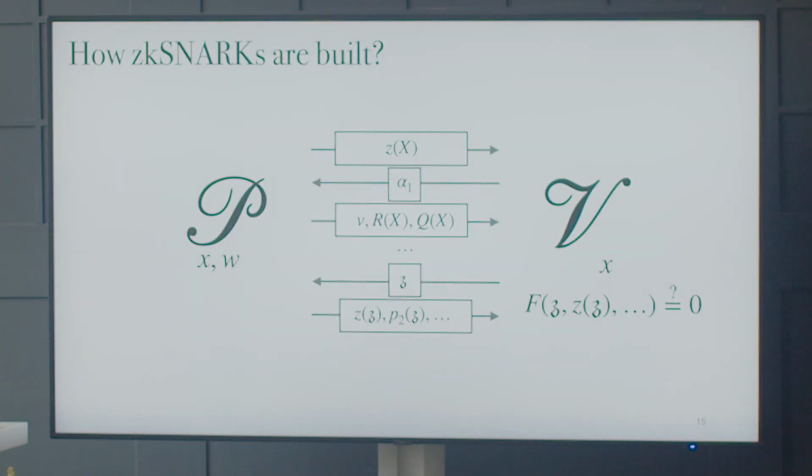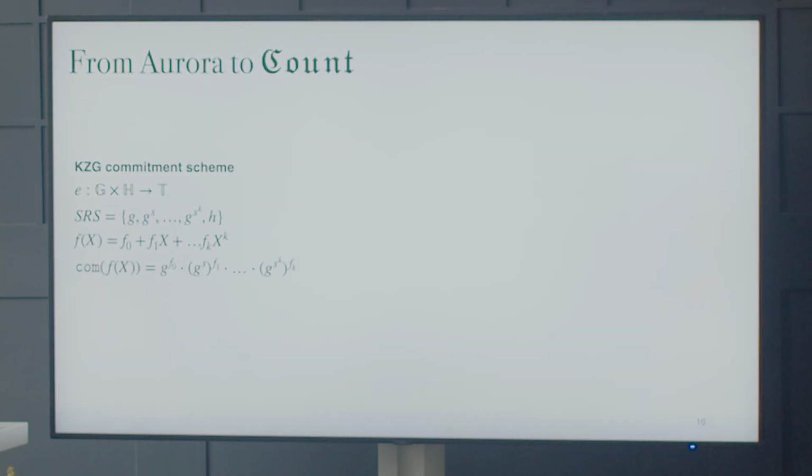We come to this picture where we replace the second set of polynomials sent by the prover with the sum-check argument.